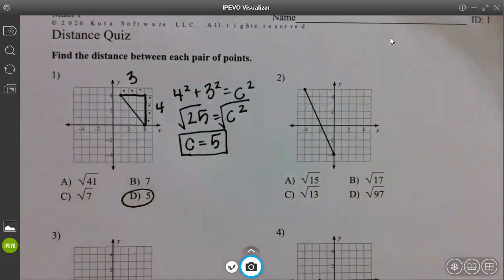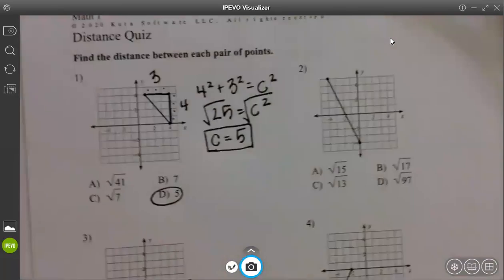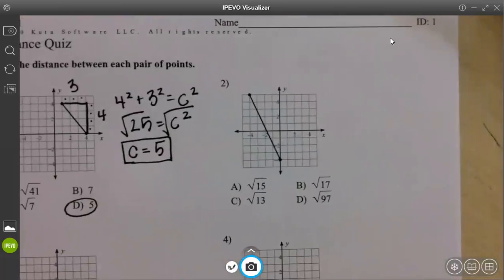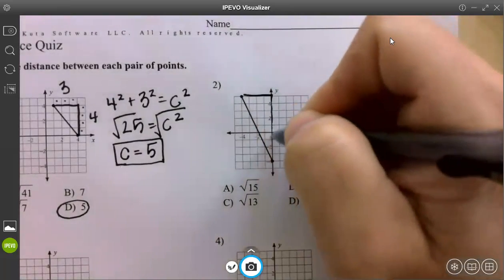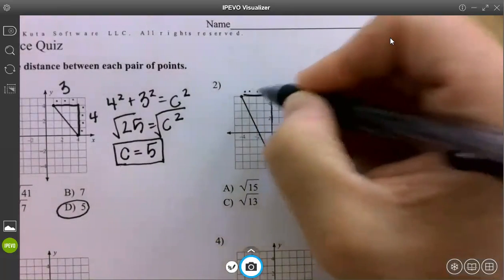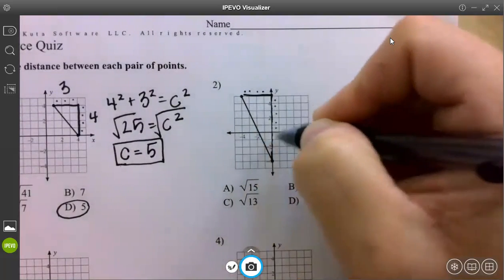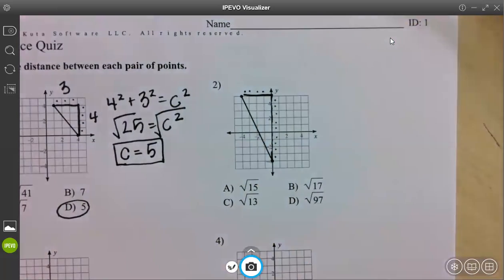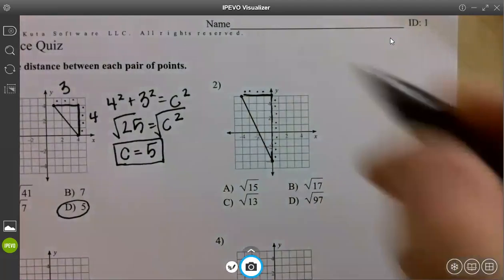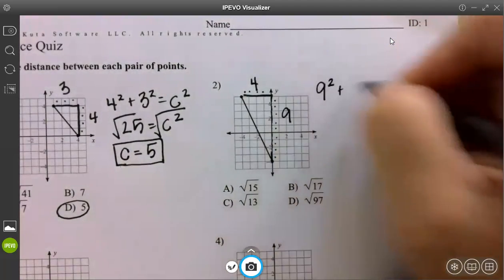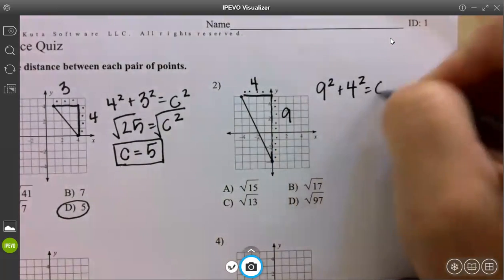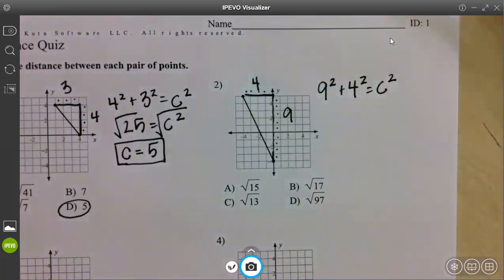All right, I'm going to do question 2 with you. How many's on here? 10? Look at this. You're only going to have 8 questions. I shouldn't have done that one. Do your rise and run on number 2. What is it? 9 and 4. So we do 9 squared plus 4 squared equals c squared.